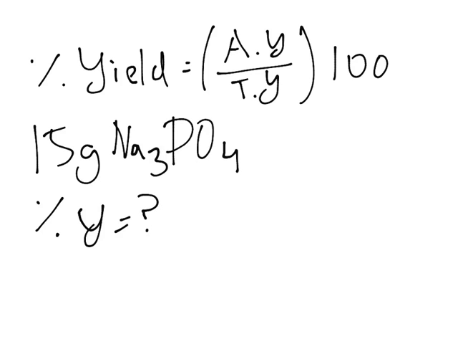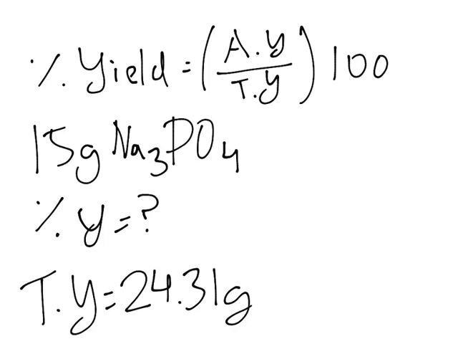What we obtained from the problem that we solved last time was that the theoretical yield was equal to 24.31 grams. Don't get confused at this number just because I got it from nowhere. We actually solved this problem in the previous video.